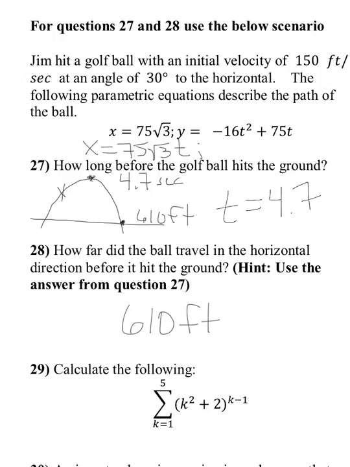So we know that the horizontal distance is x. So we would do x equals 75 root 3 times 4.7, and that should also give us around 610, 611, something like that. Okay?